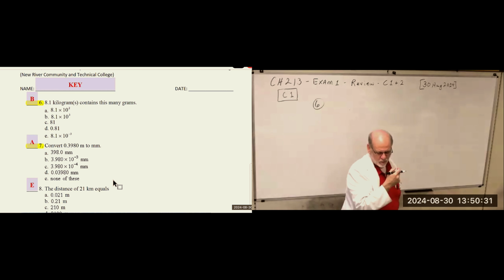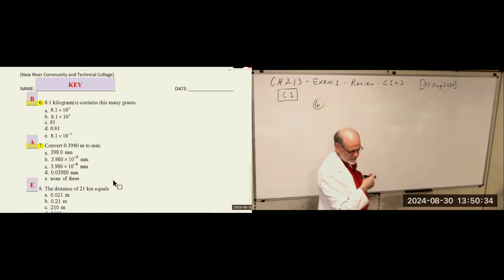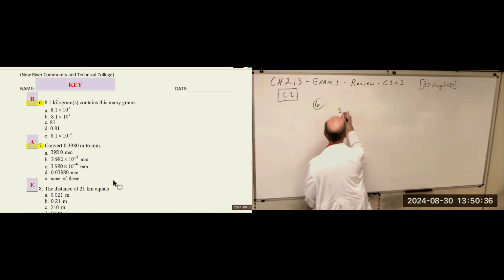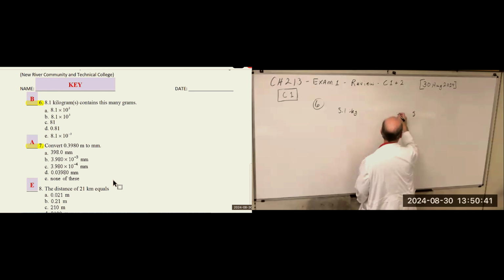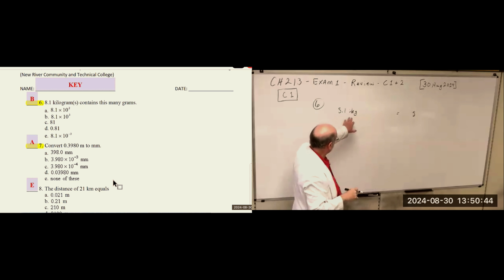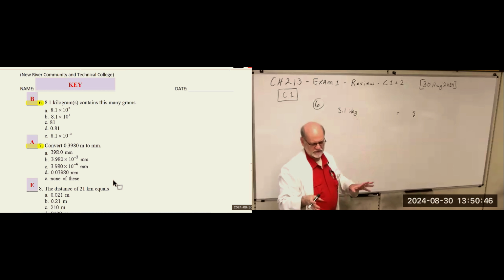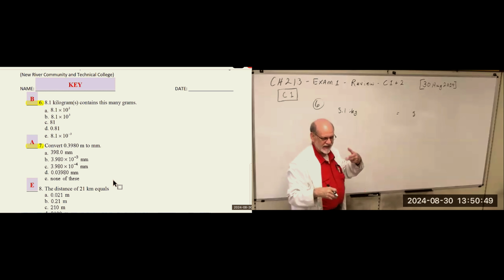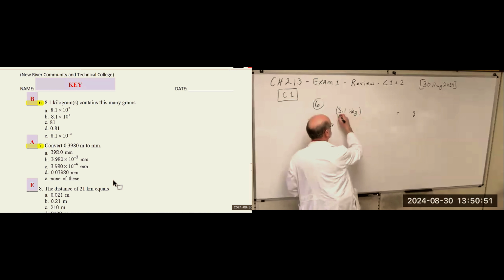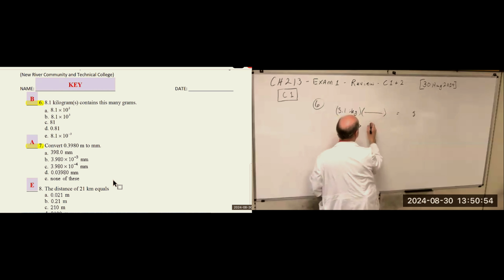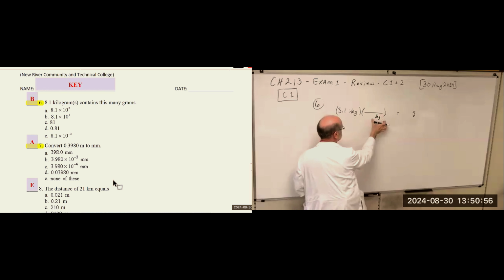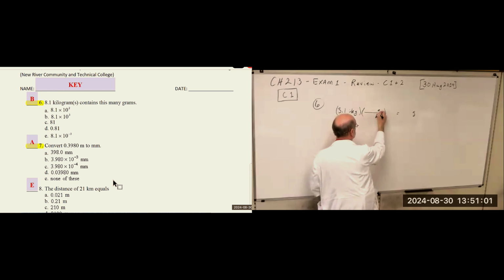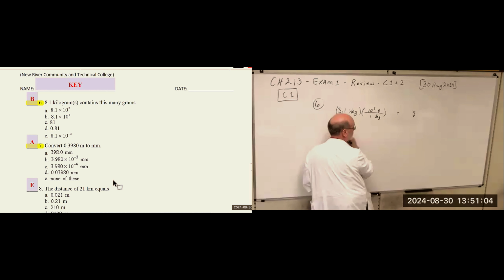Okay. 8.1 kilograms is how many grams? This is a very simple unit conversion. 8,100 going to grams. If you know what kilo means, you have 2 possibilities here. If we do dimensional analysis, then we would want to cancel the kilograms, so I'll put that in the denominator so the numerator cancels. 1 kilogram is equal to how many grams? 10 to the 3rd, 1,000 grams.